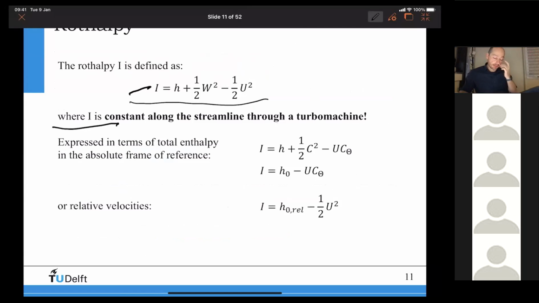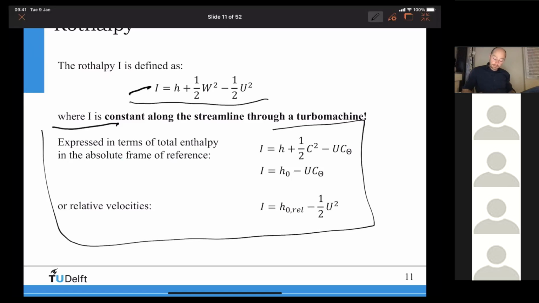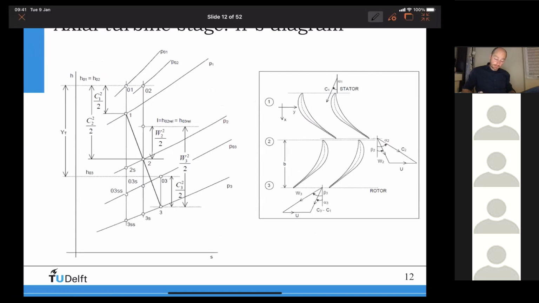You need to define a streamline, and the streamline can only be defined if you have no losses or no turbulence, let's say, expressed in terms of total enthalpy, and then you can derive all of this stuff here. Okay. Clear? In the slides, you can again see the HS diagram.